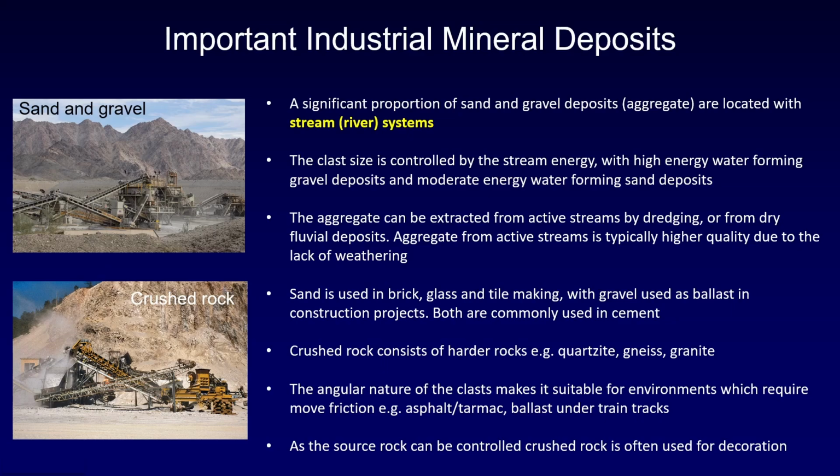Another nice thing about crushed rock is that the source of the crushed rock can be controlled, and as such you can control things like the color. And so this means that crushed rock can be used for decorative purposes, for instance in gardens.